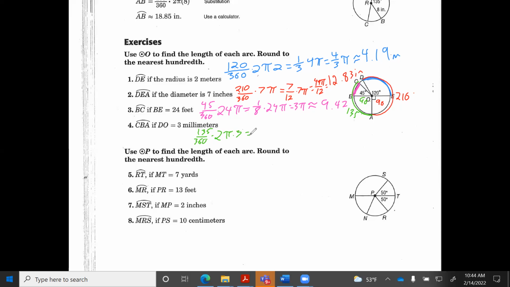That's 3/8. 2 and 3, that gives me 6. 3 times 6 is 18. 18 divided by 8, that does reduce.